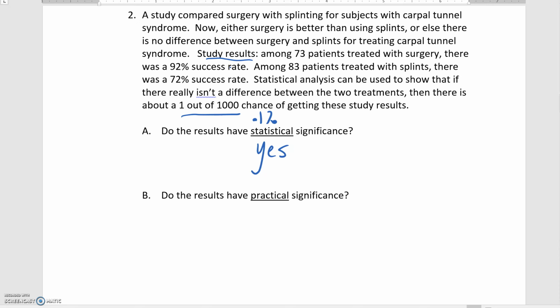And here it's a 20 percentage point difference. So unless the surgery has some astronomical costs or a really long recovery time or other side effects, most people would say that this would be practical, that if you really want to treat your carpal tunnel syndrome, this surgery is worth it.